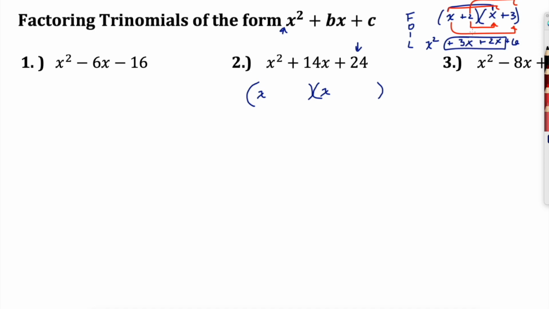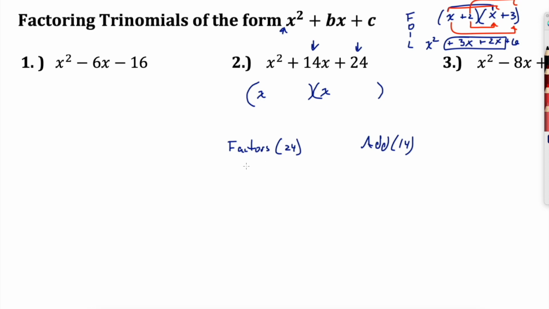So 5x is the addition of 2 and 3, right? 3 and 2 is 5. That's where we get our middle term. So 14 here is the addition of two numbers. And so we have to look for the factors of 24, two numbers that multiply to give us 24 and add up to 14.